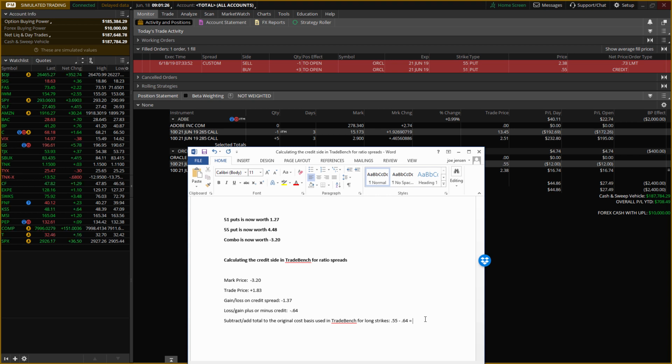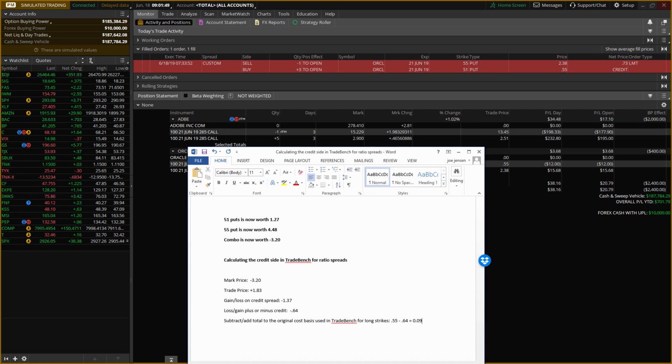Let's go 0.55 minus 0.64, 9-cent loss. Boy, that's nothing. That's basically break even. So 9 cents is what we're going to put in for the total, 0.09. All right, so that's what we put in for the total.